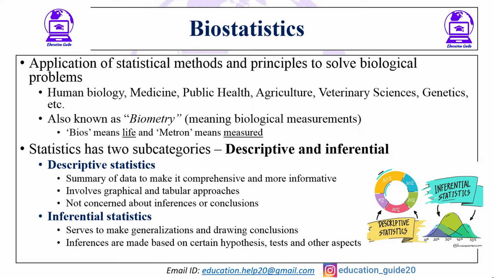On the other hand, in inferential statistics, generalizations are made and conclusions are drawn. Basically, in inferential statistics, inferences are made based on underlying hypotheses, statistical tests, and subsequent analysis.